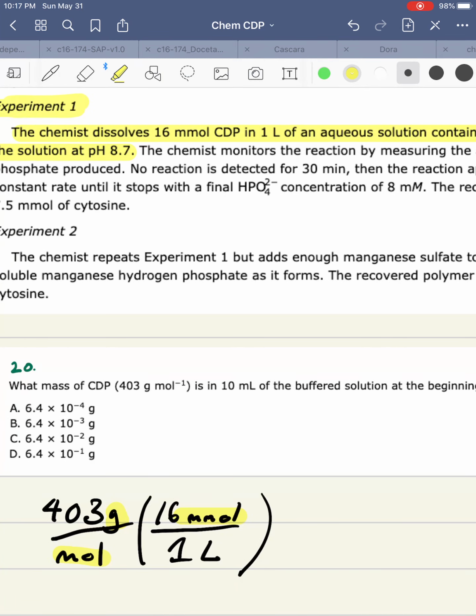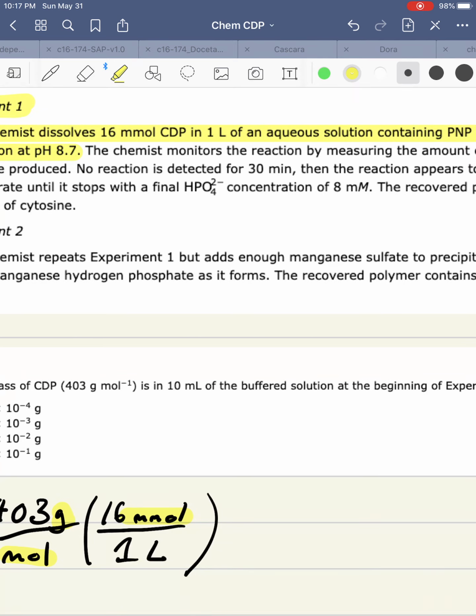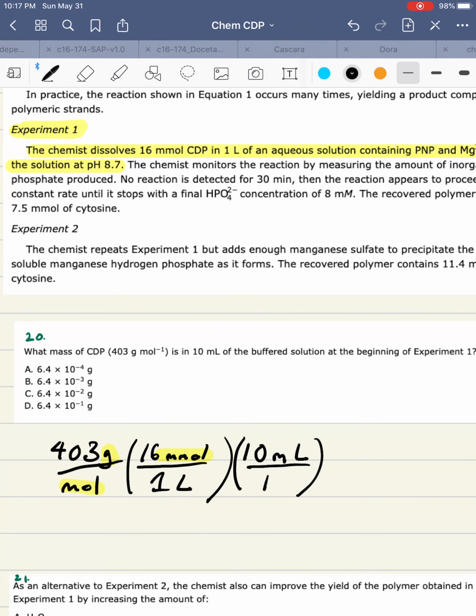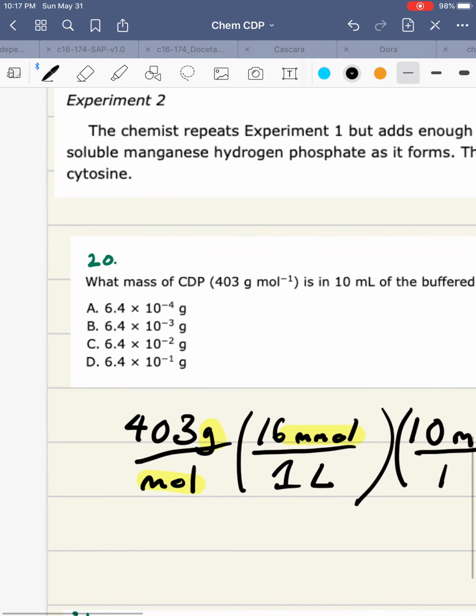And how many milliliters of buffered solution do we have at the beginning? Well, it has 10 milliliters of buffered solution. Now, if I were to multiply this out, I will probably get my units in grams, but we have to do some minor conversions.